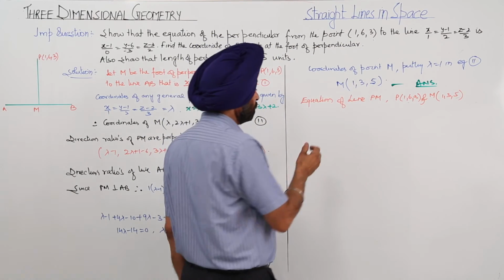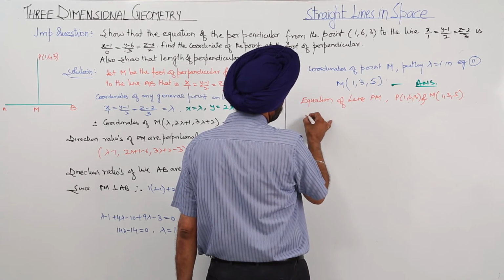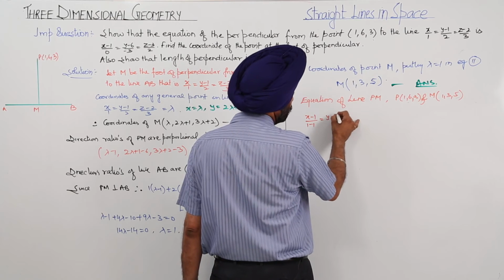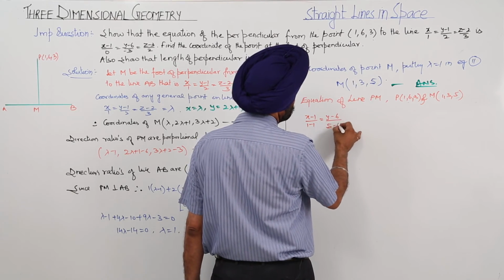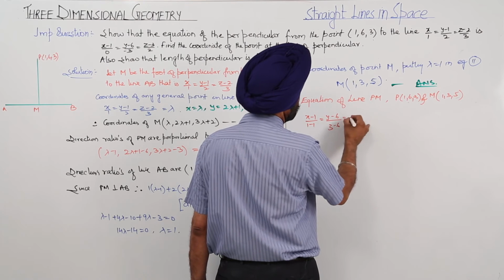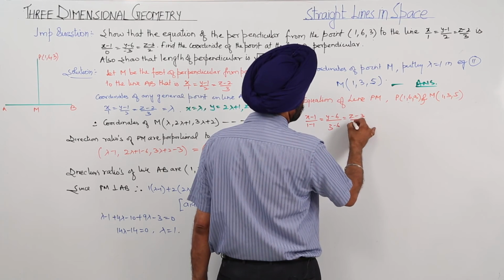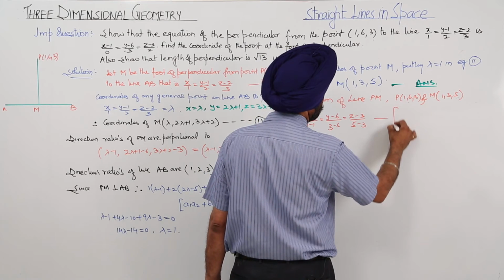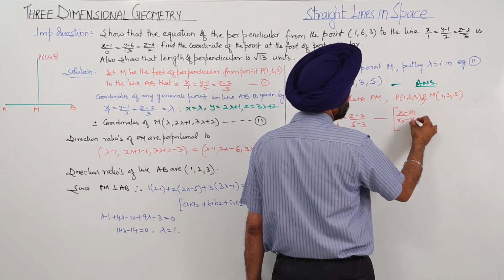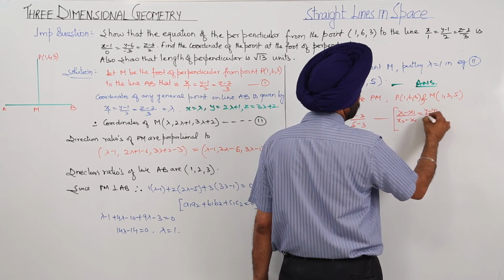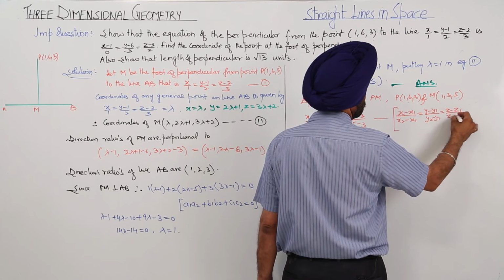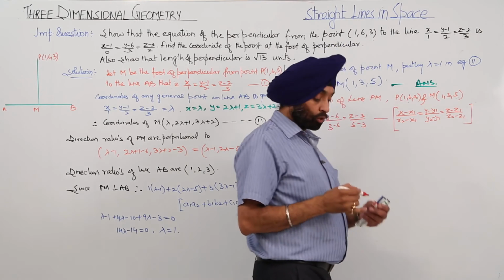In 2-point form we have x minus 1 upon 1 minus 1 is equal to y minus 6 upon 3 minus 6 is equal to z minus 3 upon 5 minus 3. That is x minus x1 upon x2 minus x1, y minus y1 upon y2 minus y1 is equal to z minus z1 upon z2 minus z1. This is the 2-point form.